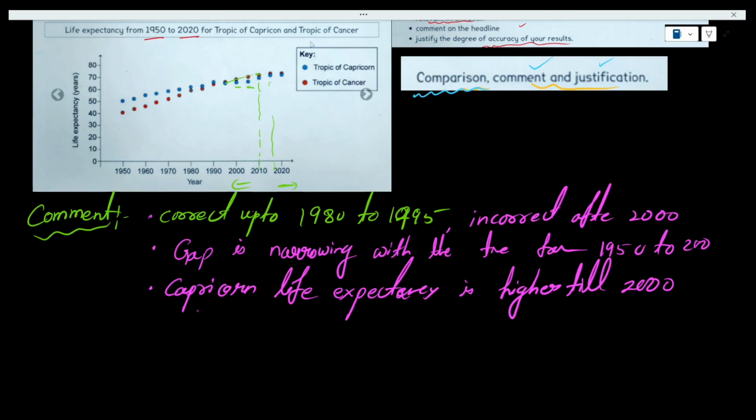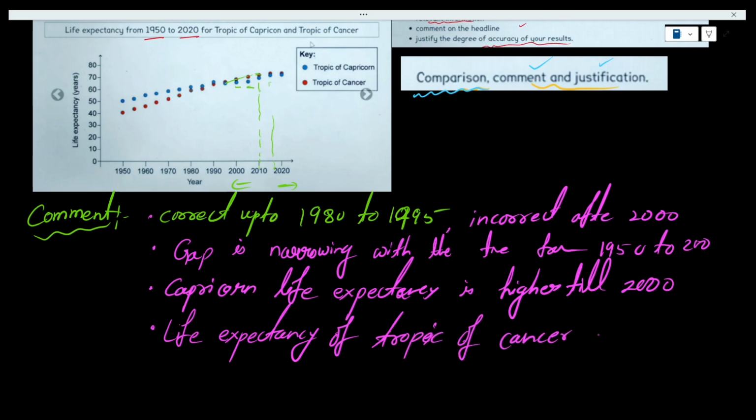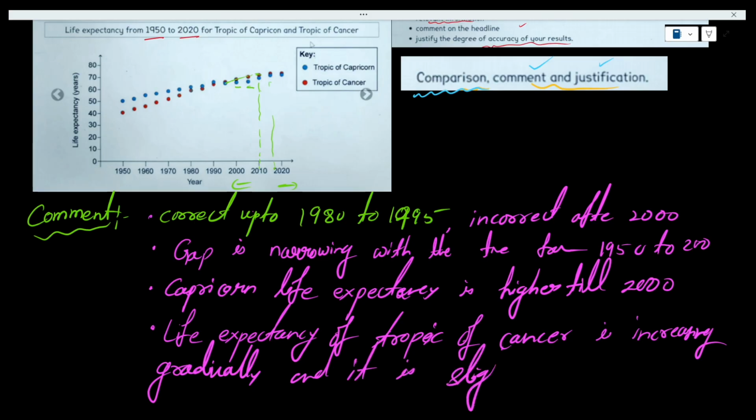After that, life expectancy of Tropic of Cancer is increasing gradually, and it is slightly more here.